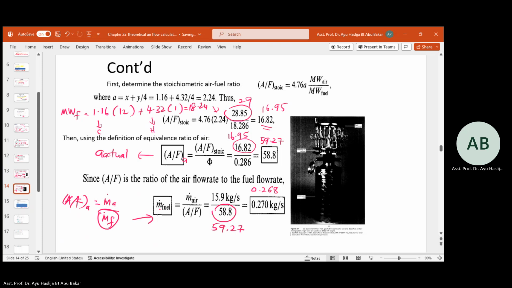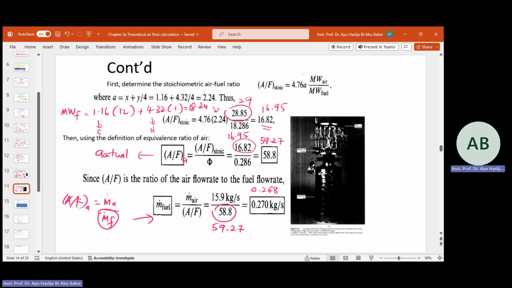Dia faham tak? Ini AF formula. Dia boleh jadi untuk stoic and actual. Sama.